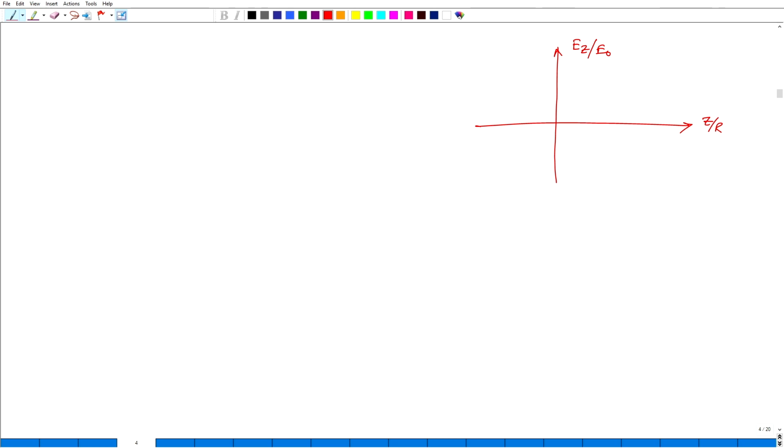For the E naught, it is sigma over 2 epsilon naught, and again we divide z by r. So, we make a dimensionless variable, and the plot looks like this, the electric field looks like this.